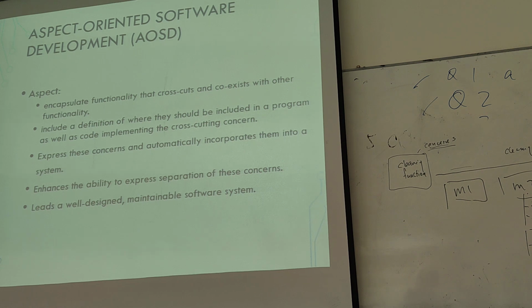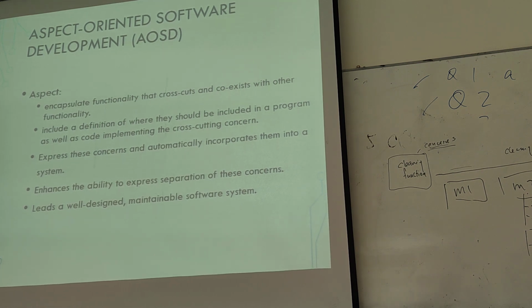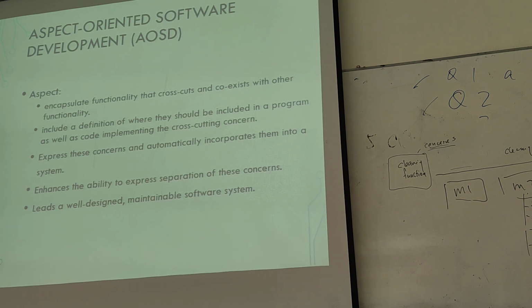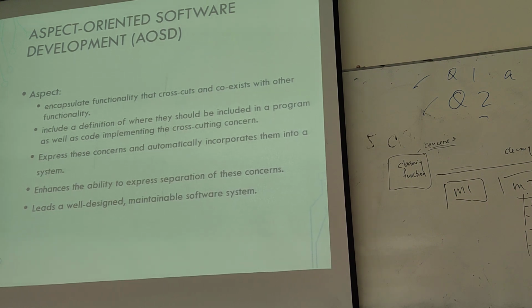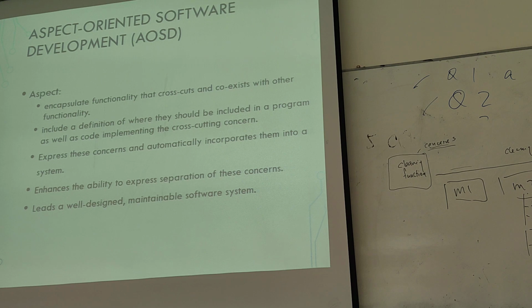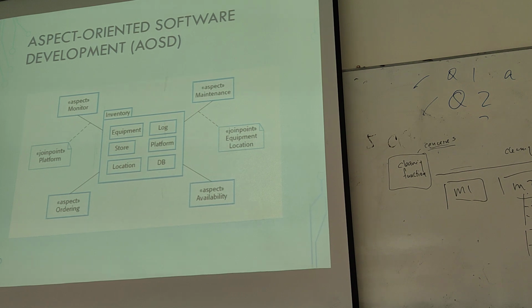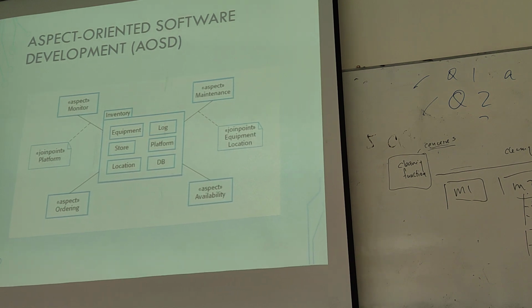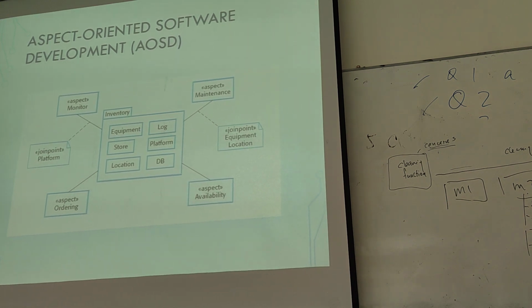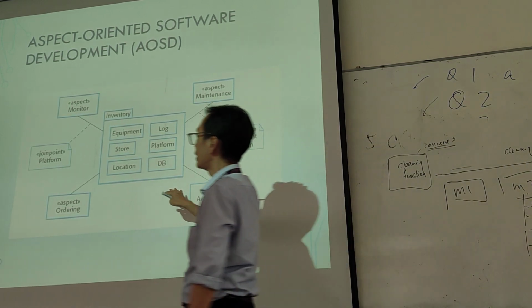We include all the definitions and all the good implementation of the cross-cutting concern. This enhances the ability to express separation of concerns and leads to a well-designed, maintainable software system. For example, this is my inventory.